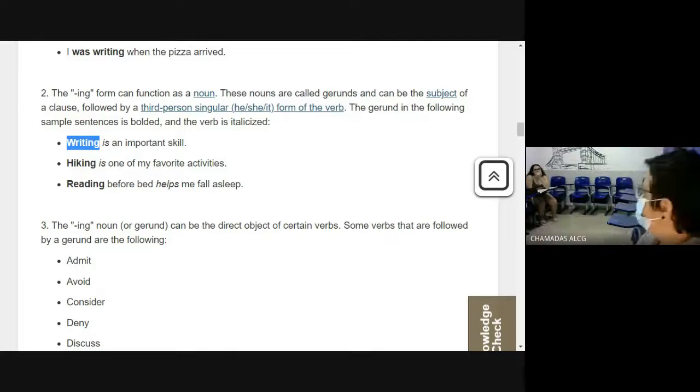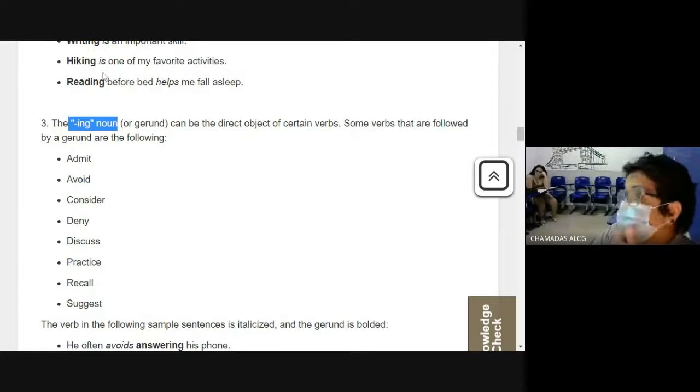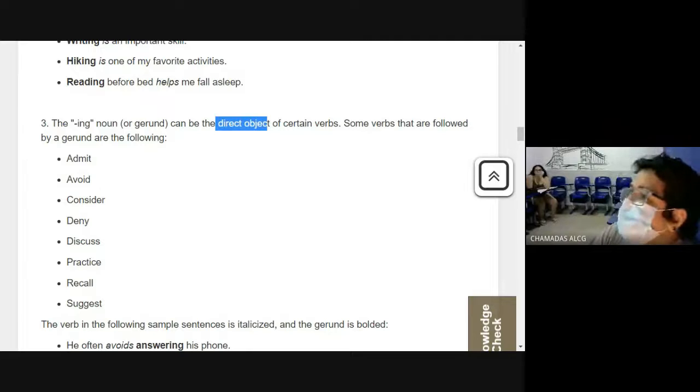In English, it has to be the gerund, okay? Not gerúndio, okay? Look, the ing noun or gerund, you see, can be the subject, but it can also be the direct object of certain verbs.